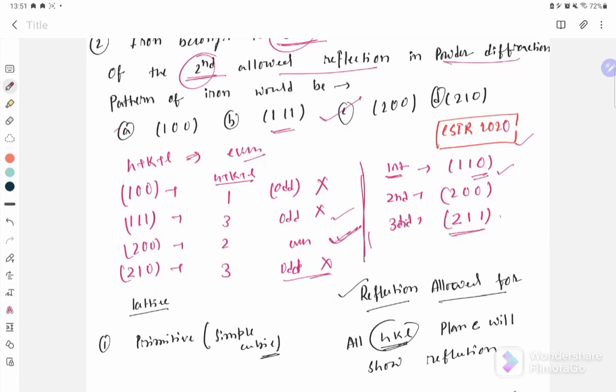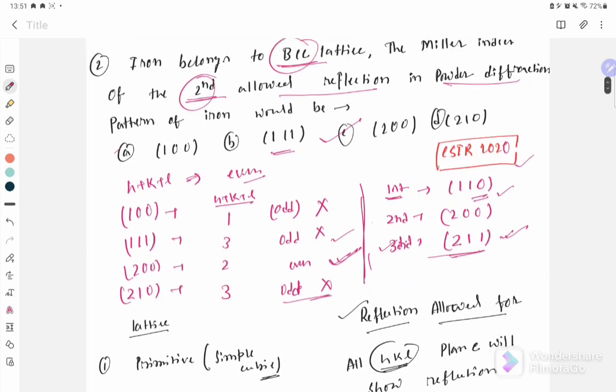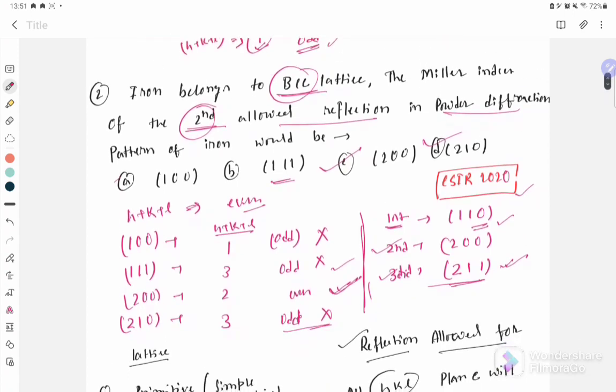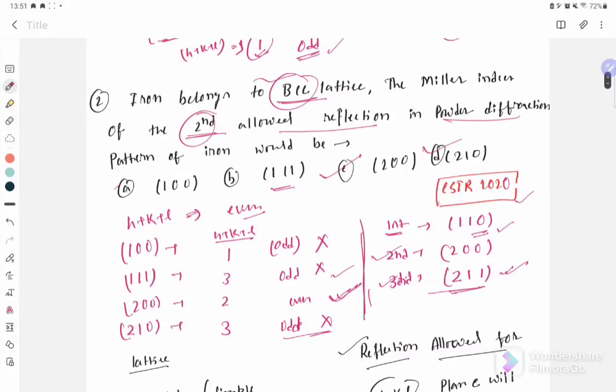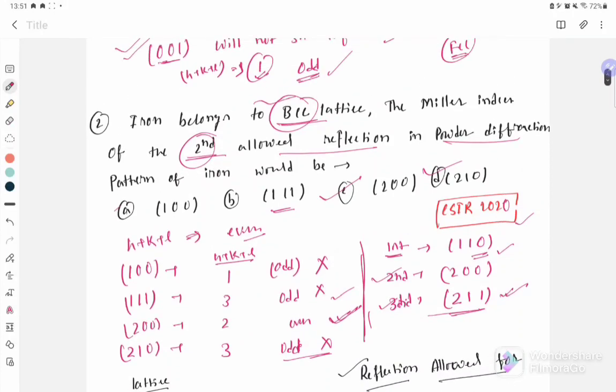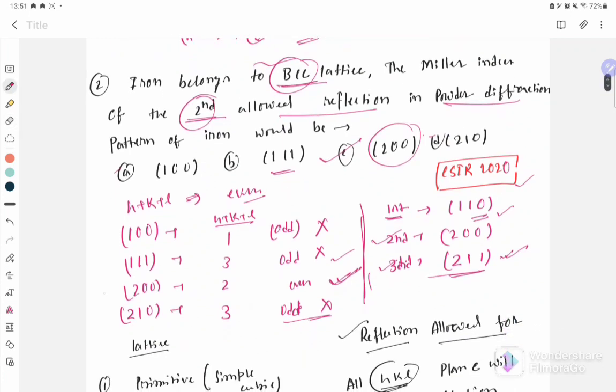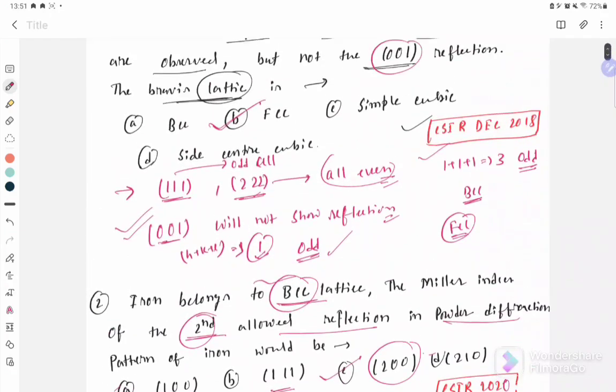For the third allowed plane that can show the reflection, it is not 210, because for 210 h plus k plus l is odd, so this cannot be satisfied by a BCC lattice. So our correct option will be 200. Okay, so we did these two questions.